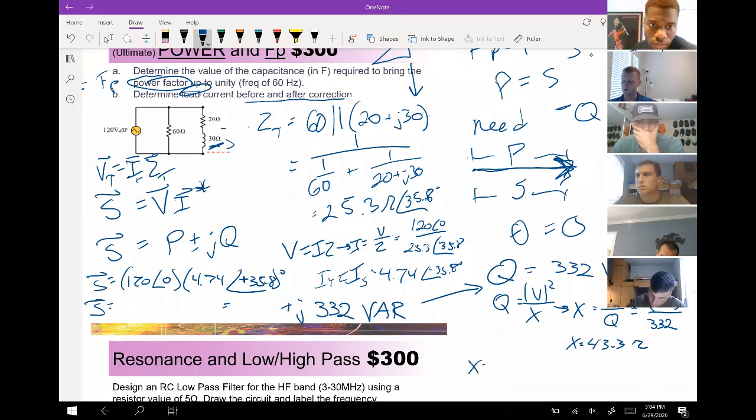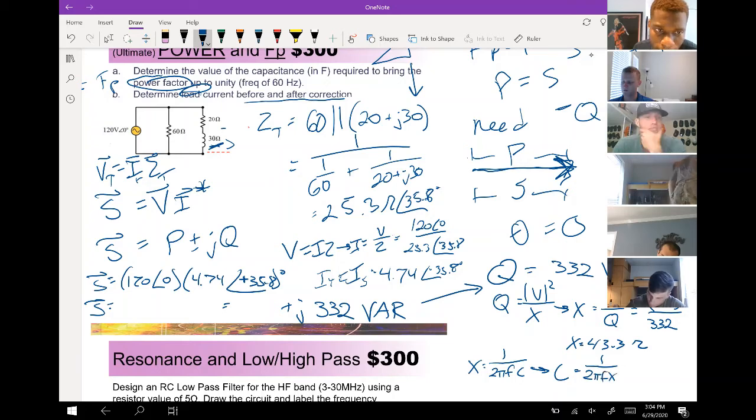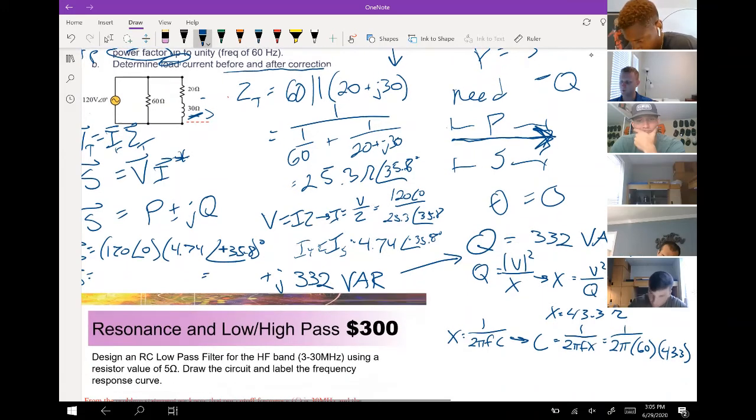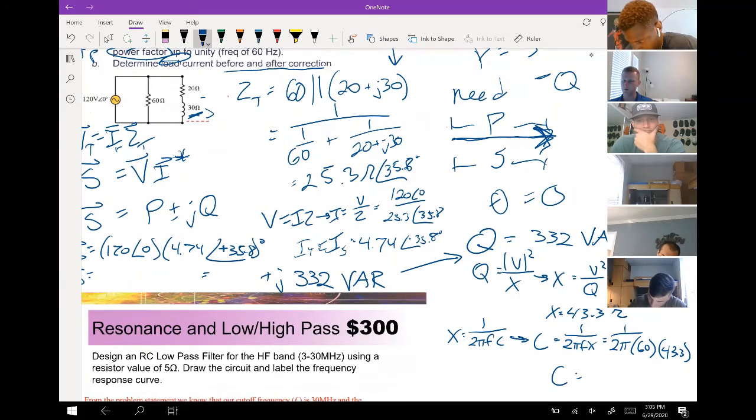And I have X equals 1 over 2 pi F C. Rearrange that for C, and I have C equals 1 over 2 pi F X. 1 over 2 pi, 60, times 43.3. And my final C in farads is 61.1 microfarads.